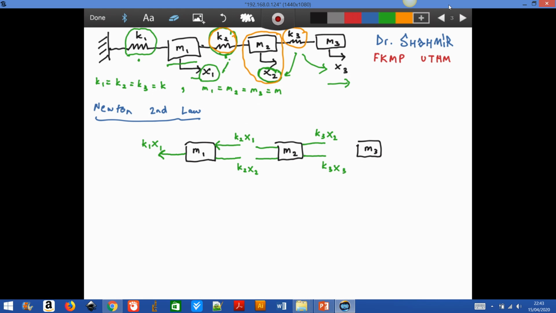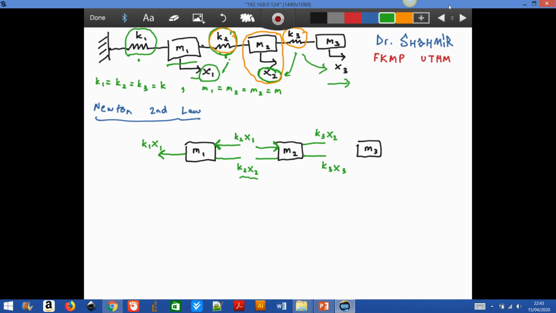In terms of direction for mass 2, for K2x1, since mass 1 is moving to the right, it will be the opposite direction for this one, so it will be going to the right. How about K2x2 here?